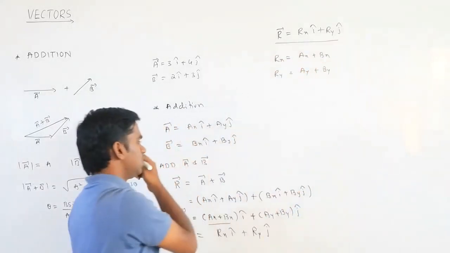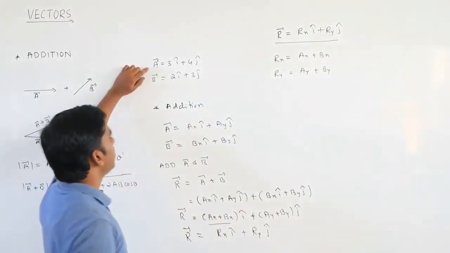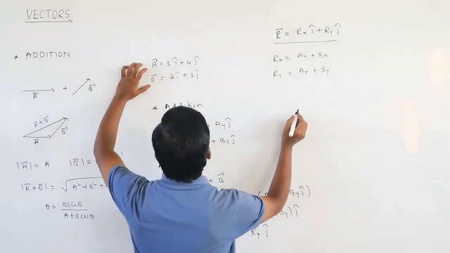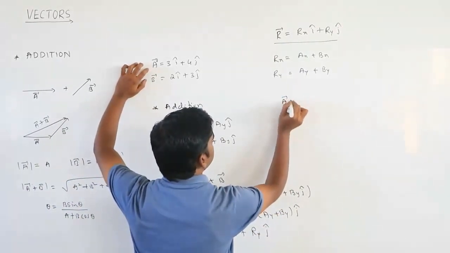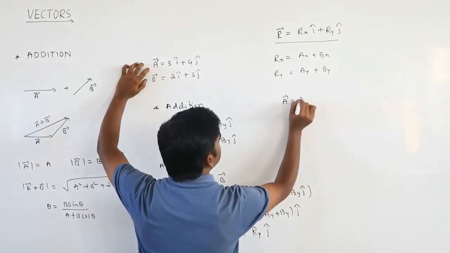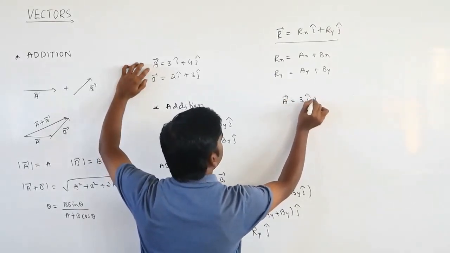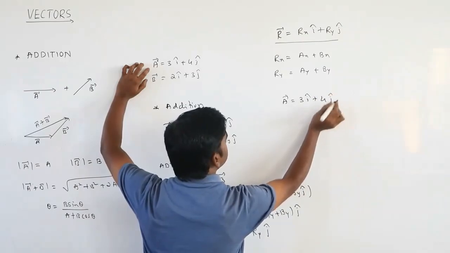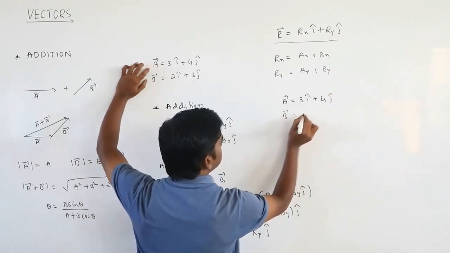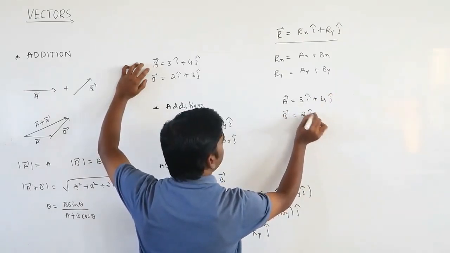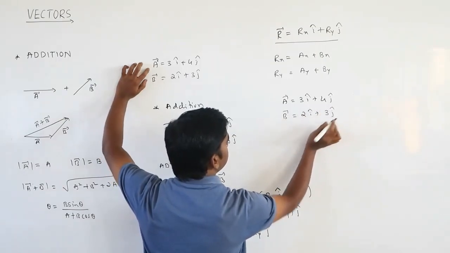If I take this example, vector A and vector B are given. A is 3 i cap plus 4 j cap. Vector B is 2 i cap plus 3 j cap. How can we add?